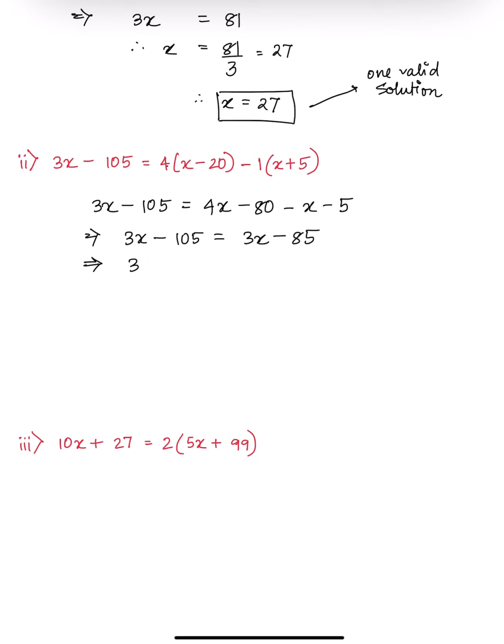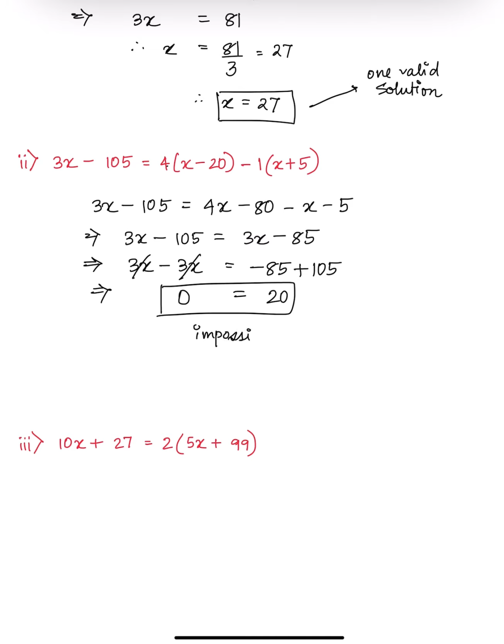Now 3x minus 3x will be minus 85 plus 105. So this basically gives us 0, because 3x minus 3x, and this gives us 20, right? Now 0 is equal to 20 is impossible. So basically this particular scenario has no solutions, right?